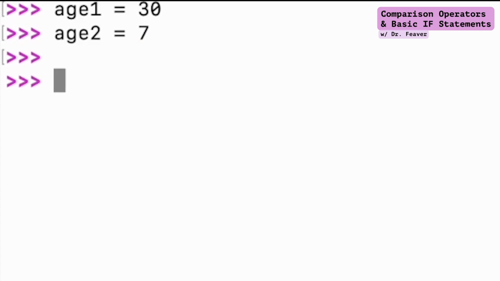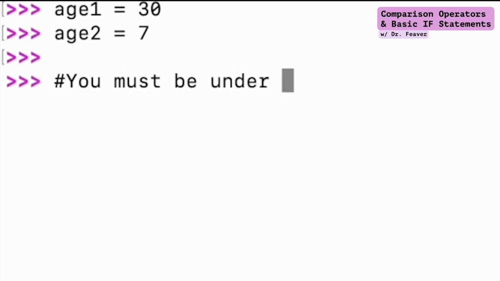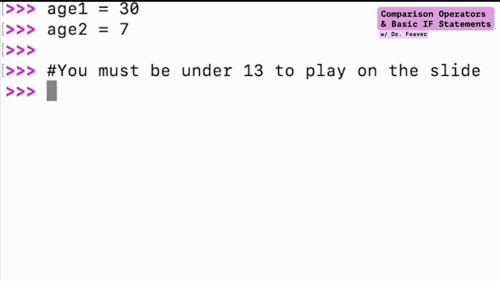And now let's say I have some sort of situation where you must be under 13 to play on the slide. Remember, if I put something after this hashtag, it's just a comment. It means it doesn't affect what happens in the code. It's just some words to read for my reference.